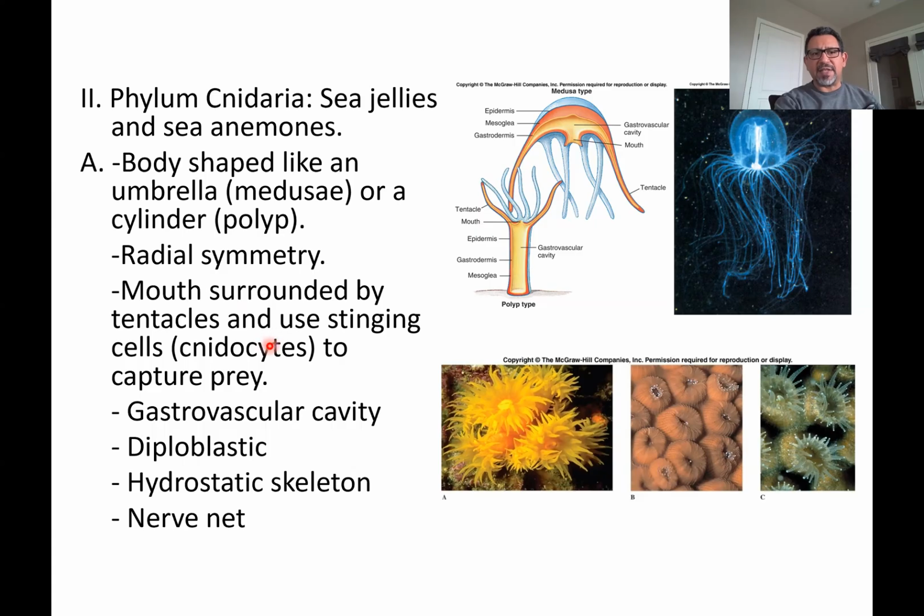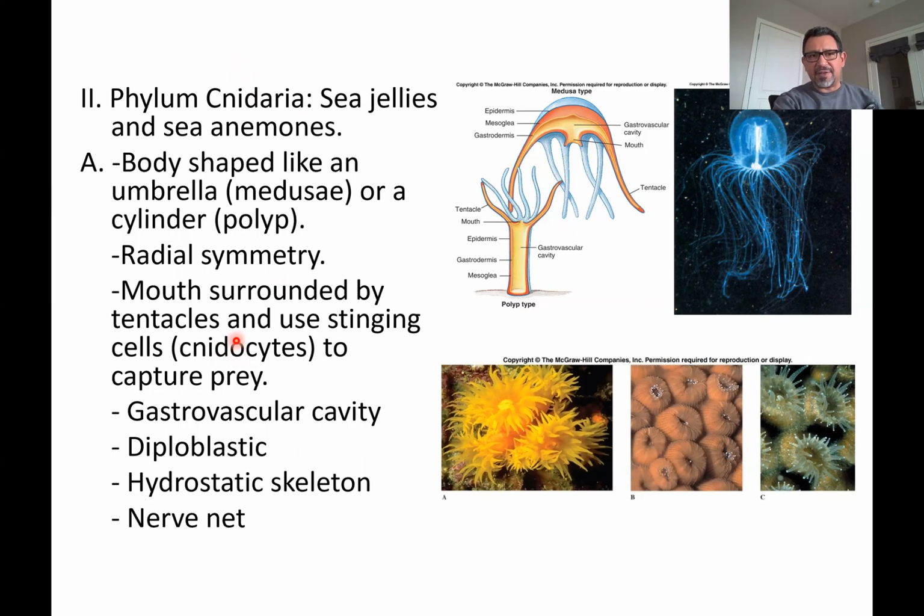where you find these stinging cells called cnidocytes. The word cnidocyte is what gives the origin to the word cnidaria. But what is the meaning of cnido? Cnido comes from a Latin root that means nettle, like a stinging type of an object. And that is what animals use for capturing prey.